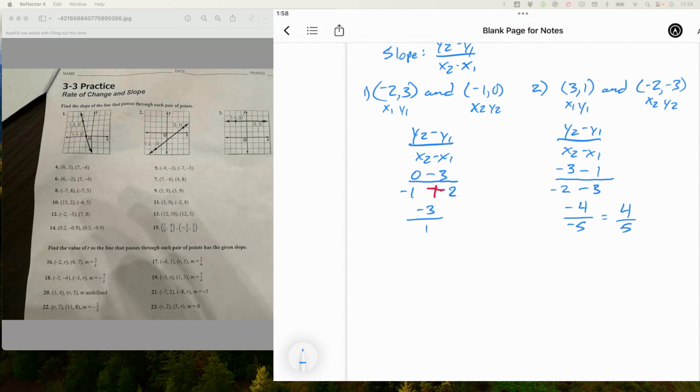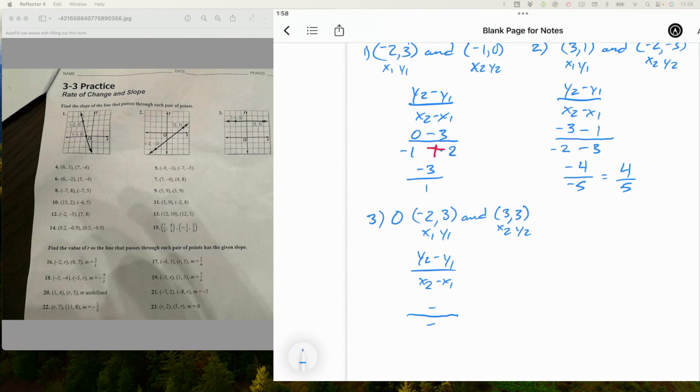And then the third one there, it is a horizontal line, so we can see right off the bat the slope is going to be 0. If we were to do the slope formula, that would prove that for us. So negative 2, 3, and 3, 3. x1, y1, x2, y2. y2 minus y1 over x2 minus x1.